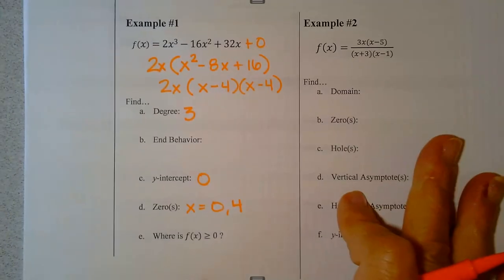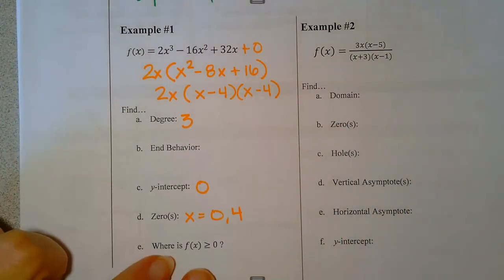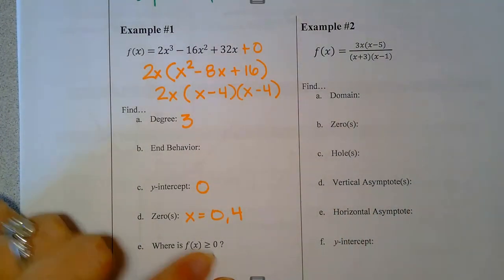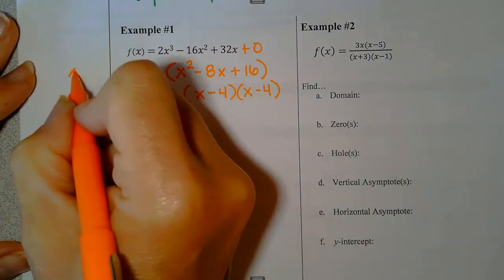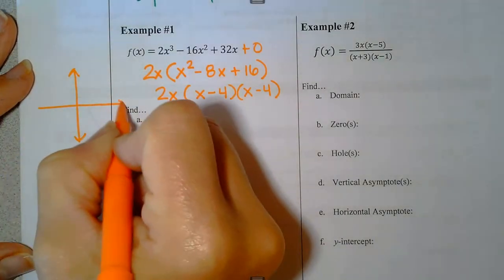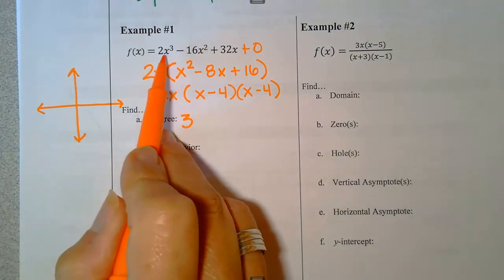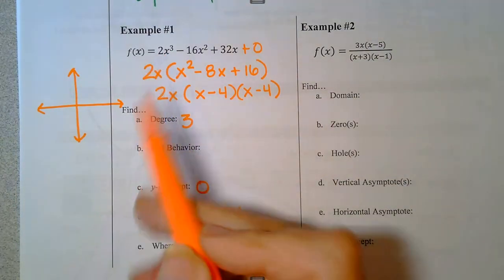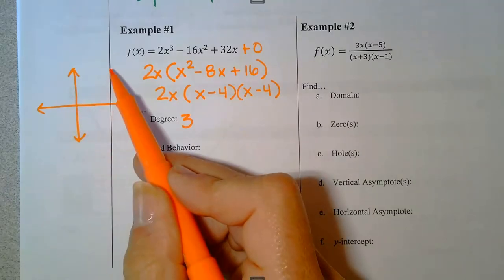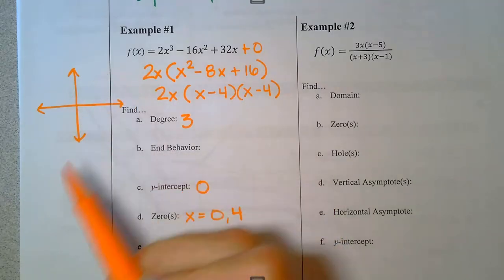Now, end behavior. I think it would be a lot easier to do where is the function greater than 0 and the end behavior if we sketch a little graph. Okay, so it is an x cubed function, so that's going to start down here and do a little snake in the middle and go up, right?